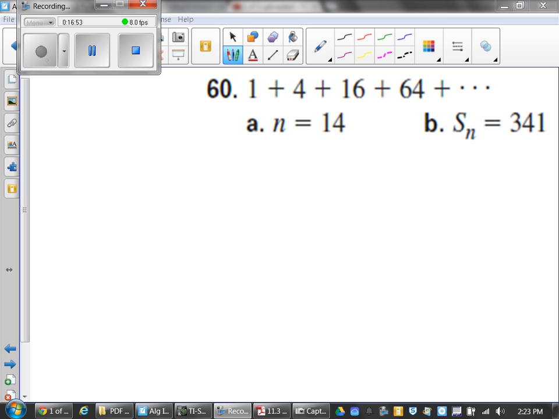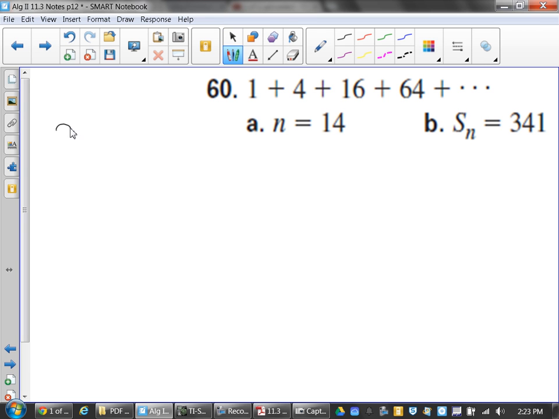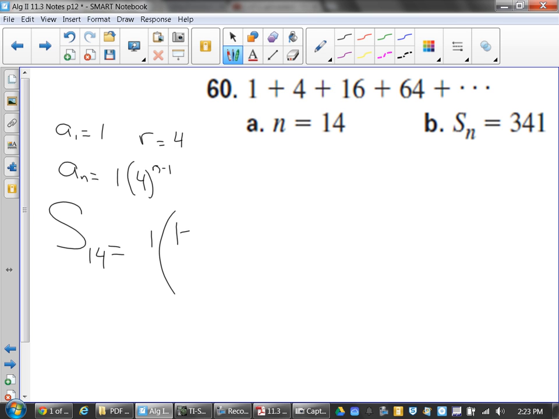Let's just, r equals 4, know that. I messed up on my notes. For part A, are they asking us to define what the 14th number was?